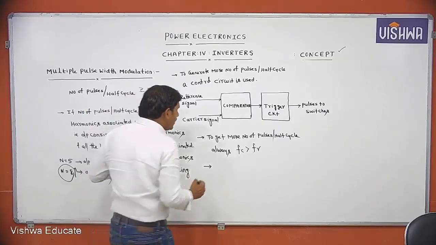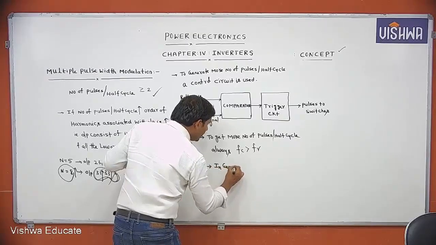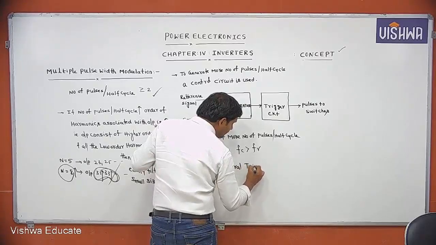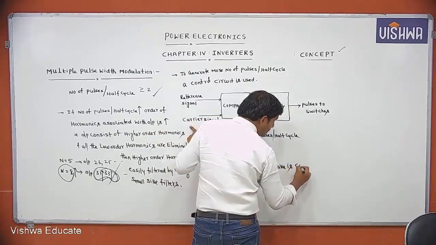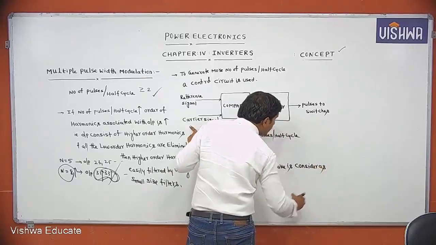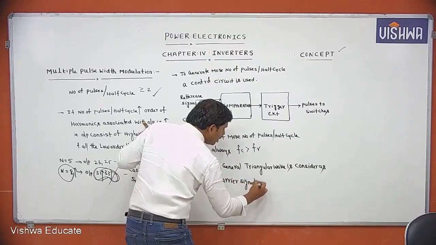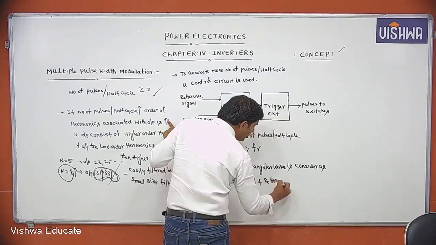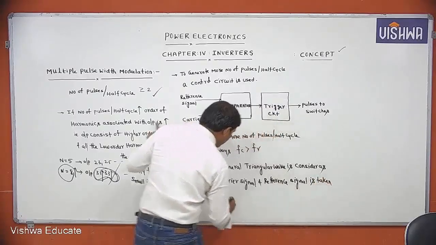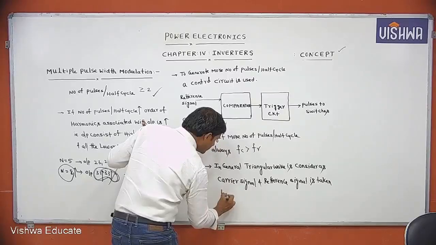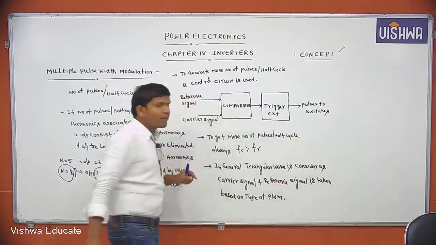In general, the triangular wave is considered as the carrier signal, and the reference signal is taken based on the type of PWM. This is the selection of reference signal and carrier signal.